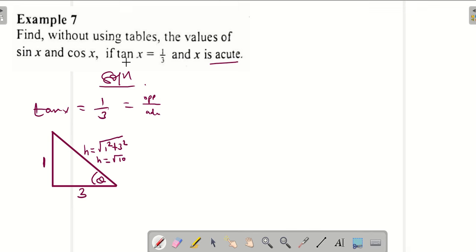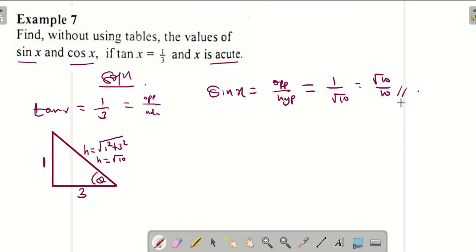Now we are asked to find sin x and cos x. Sin x is opposite over hypotenuse, and that is equal to 1 over root of 10. We can rationalize as root 10 over 10, if you want to rationalize.